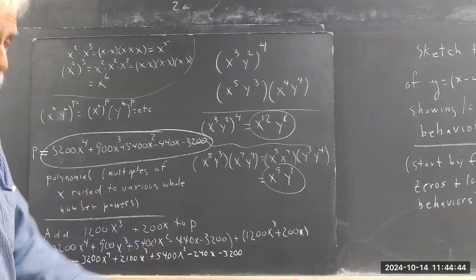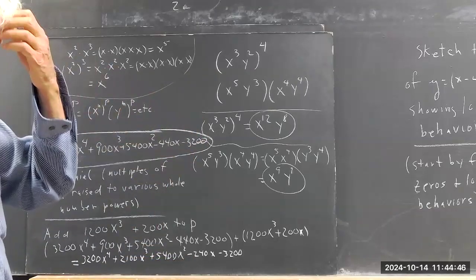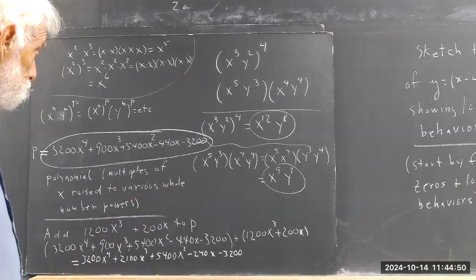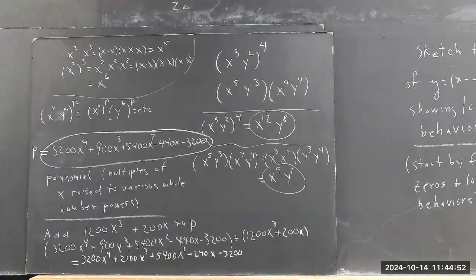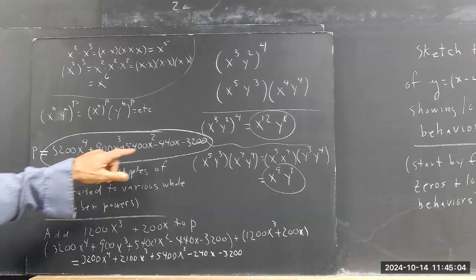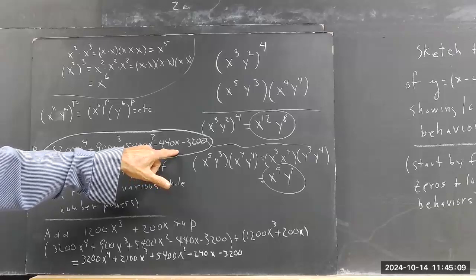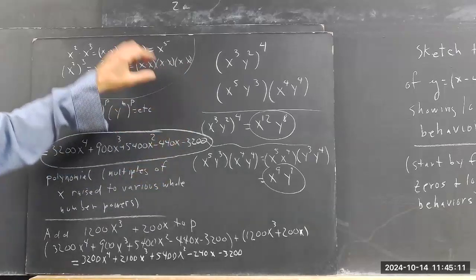It could be 0.64, it could be 0.65, it could be 0.63, something in that range would make this 0. And finding where a polynomial is 0 is a big deal. But what you've got to understand first is that these powers just stand for powers of numbers. X is just a variable that stands for various numbers.